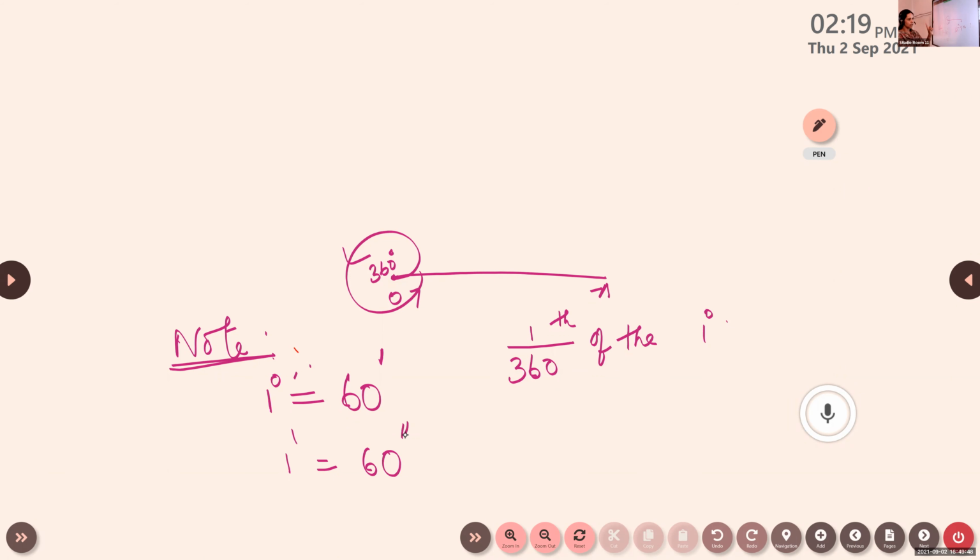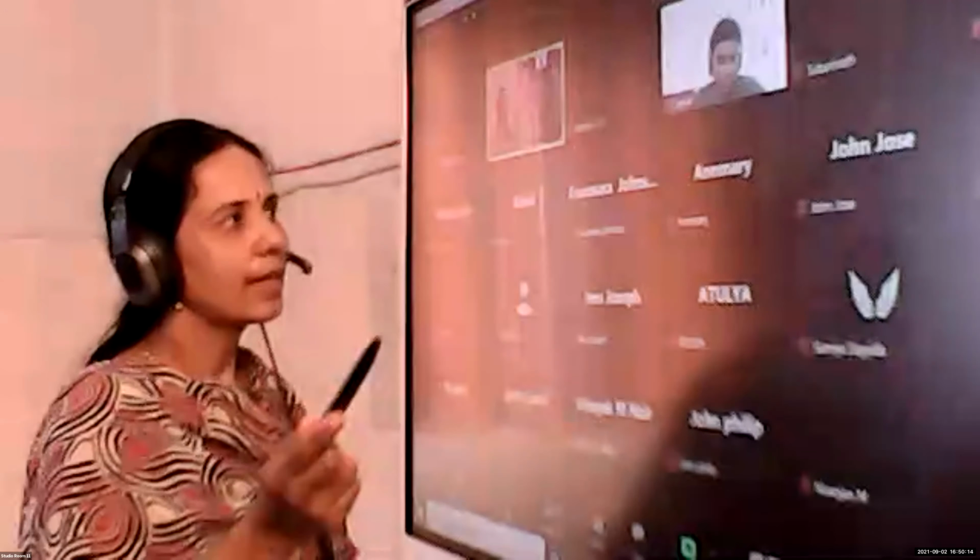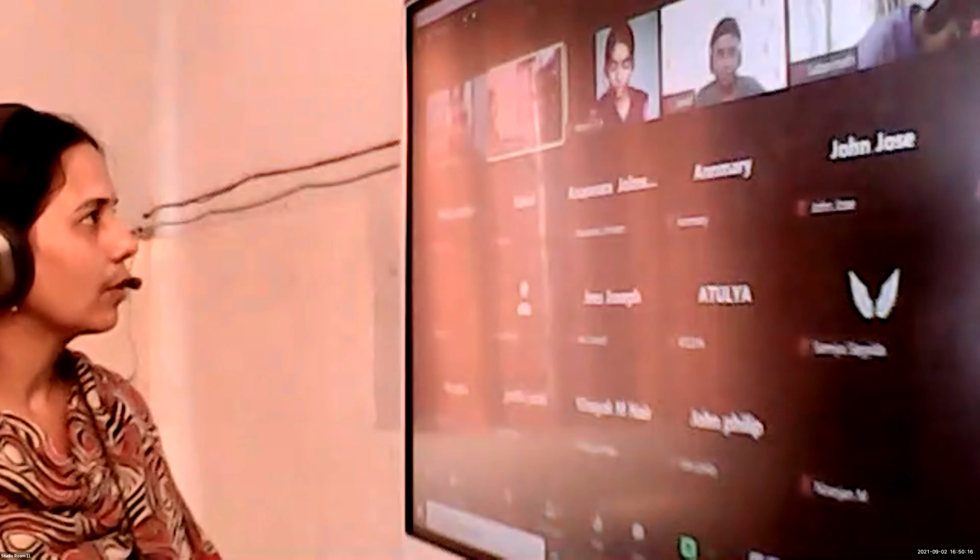In one complete revolution, it covers 360 degrees. Therefore, 1 degree is 60 minutes and 1 minute is 60 seconds. So this is the degree measure. Whenever we use a protractor, we mark the angles in degrees, isn't it? 45 degrees, 90 degrees and so on.